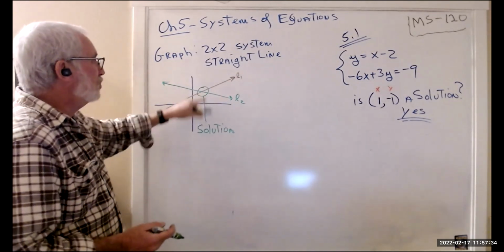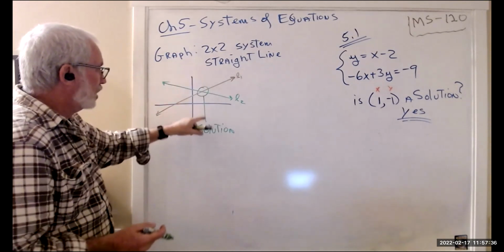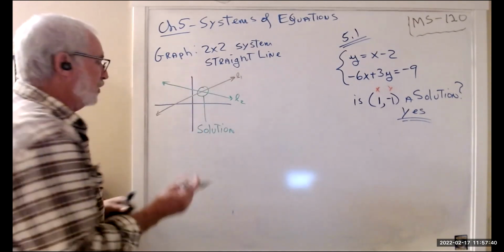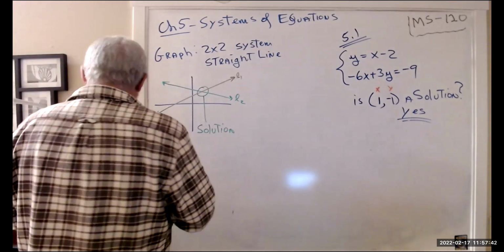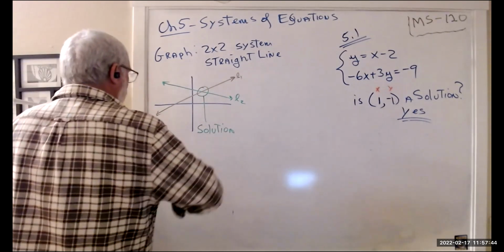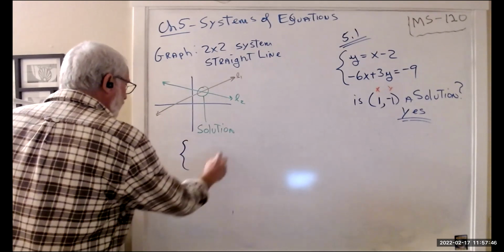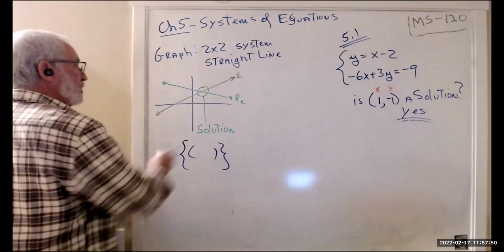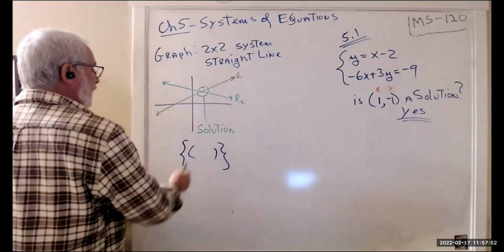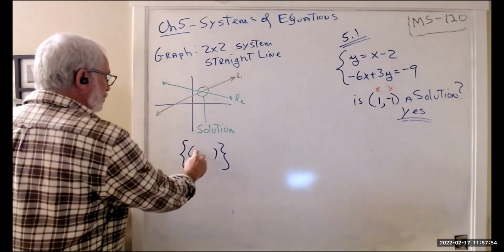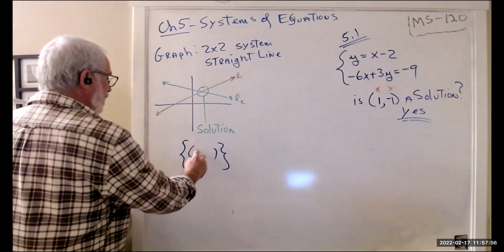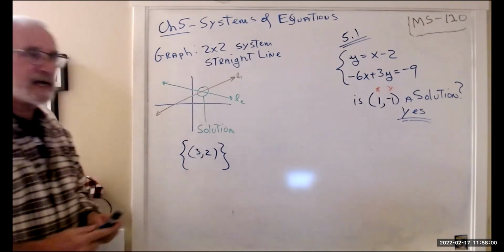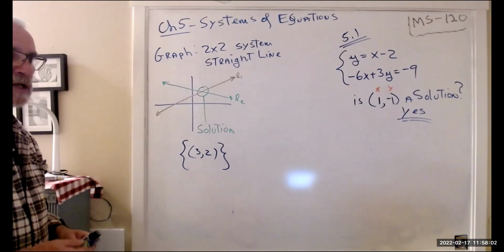So if the two straight lines cross, wherever they cross is called your solution. We should put it in parentheses because that's an ordered pair. And I'm making this up. This looks to me like it's going to be (3, 2). I'm just guessing at that. That's how you show your answer.